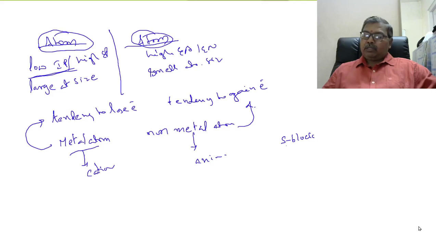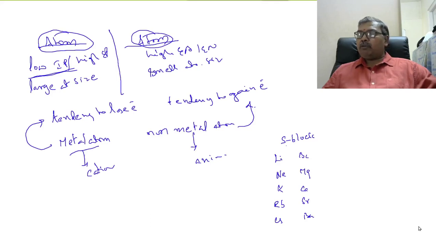S block elements, you take alkali metals and alkaline earth metals: lithium, sodium, potassium, rubidium, cesium. Similarly, beryllium, magnesium, calcium, strontium, barium. S block elements are highly electropositive and have low ionization potential values.